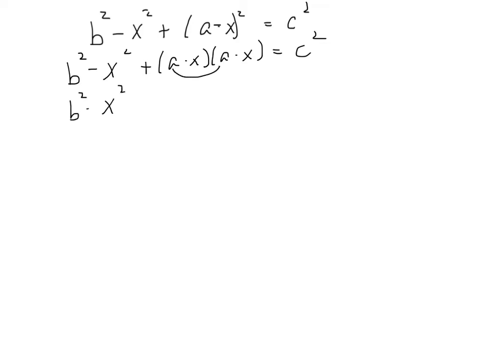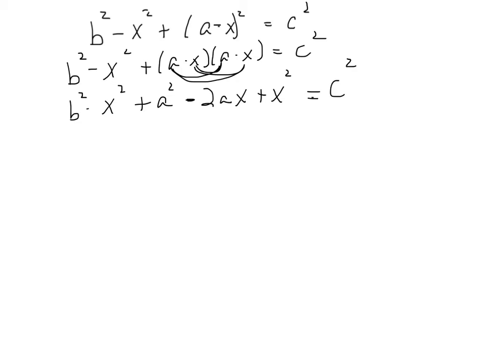When I multiply here, I'm going to get plus an a squared. I'm going to have two terms of a negative ax. One's for the outer and one's for the inner. So it's minus 2ax. And then when you multiply negative x times negative x, you get plus x squared equals c squared.